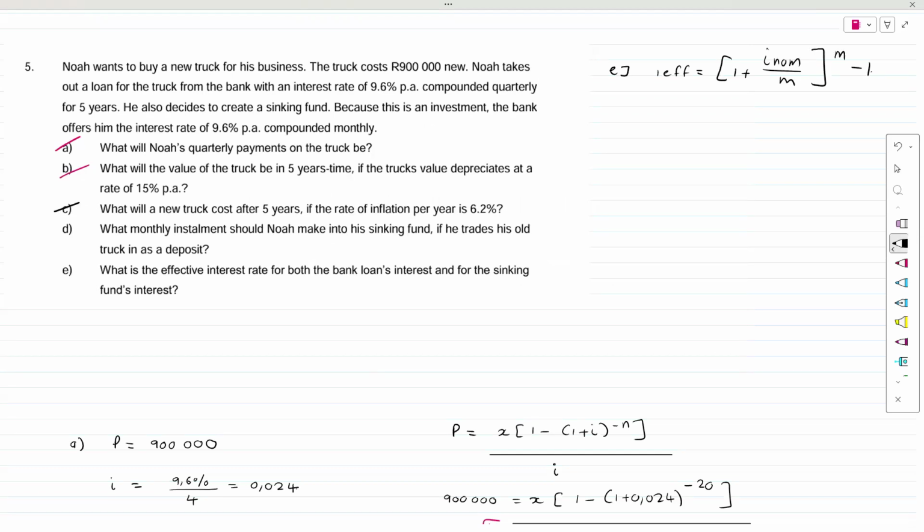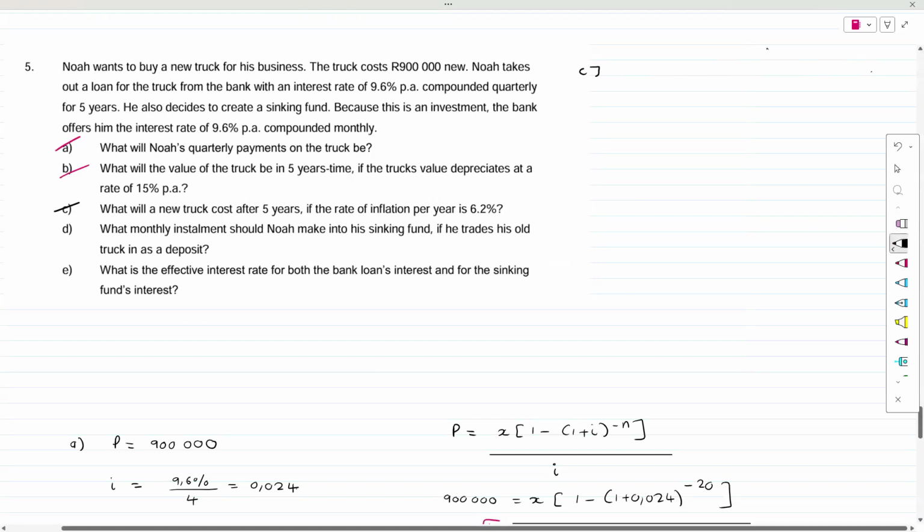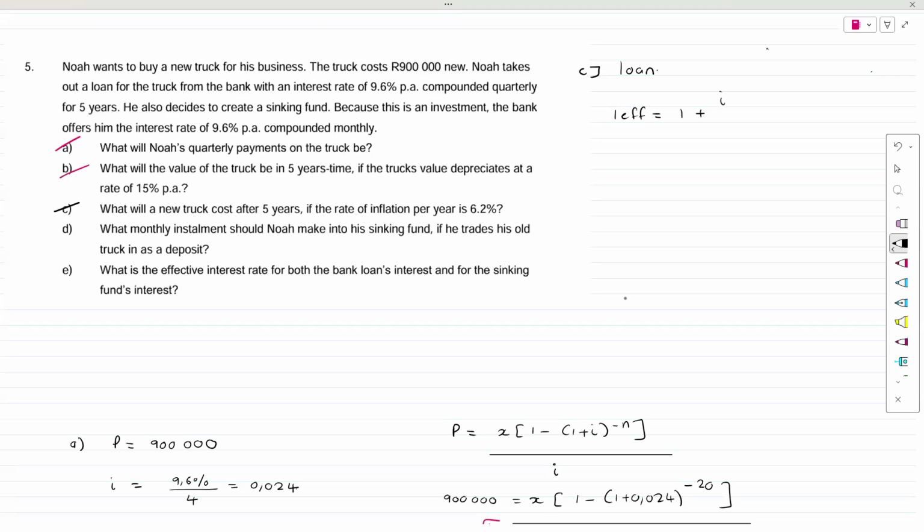Now, what is the m? Anybody knows what's the m or the n or whatever letters your teachers use? Let's call this the loan. So I effective again is equal to 1 plus I nominal over m to the power of m minus 1.